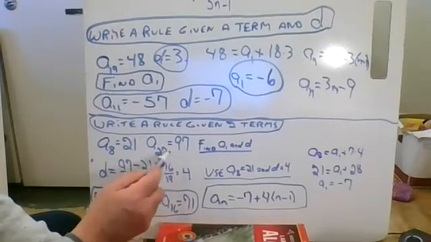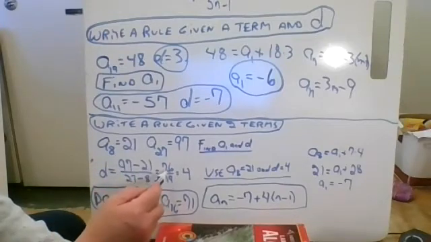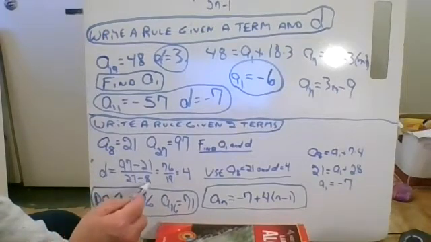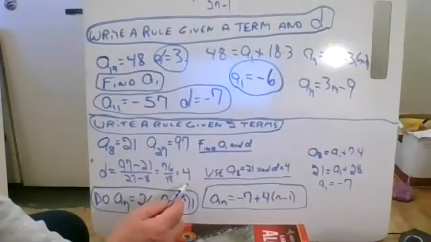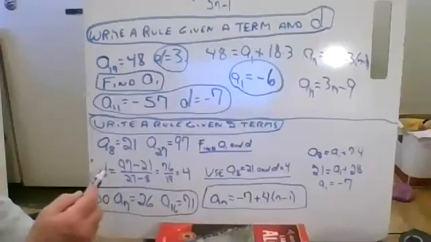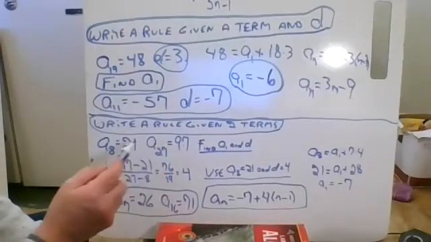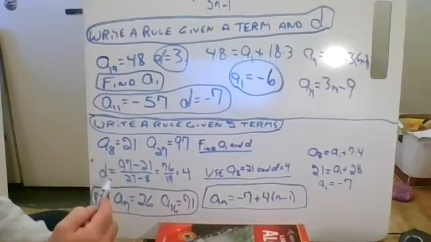So you simply subtract the two values, get 76, put it over the subtraction of 27 and 8, 19, and you get the fact that d must be 4. That's the easy way to find d. Subtract the terms over the number of terms, and you can find d.